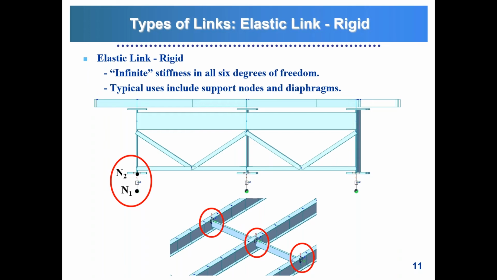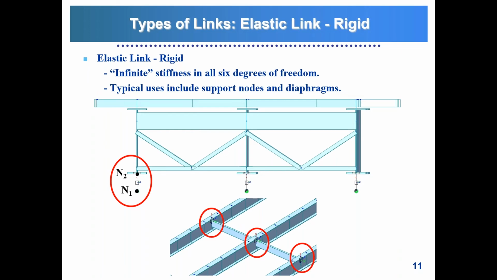The first type of elastic link I want to discuss, probably the most commonly used elastic link, is the rigid elastic link. And basically what you have here is a link that has infinite stiffness, or is simulated to have infinite stiffness in all 6 degrees of freedom.